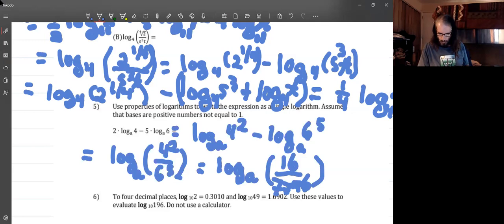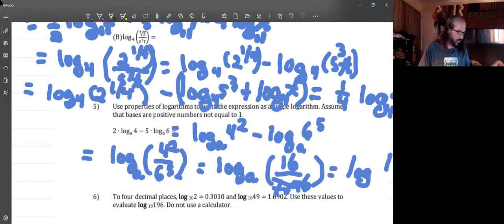At the very least, we could divide top and bottom by 2. Looks like we can actually divide top and bottom by 16 to get the logarithm in that unknown base of 1 over 486, base A.